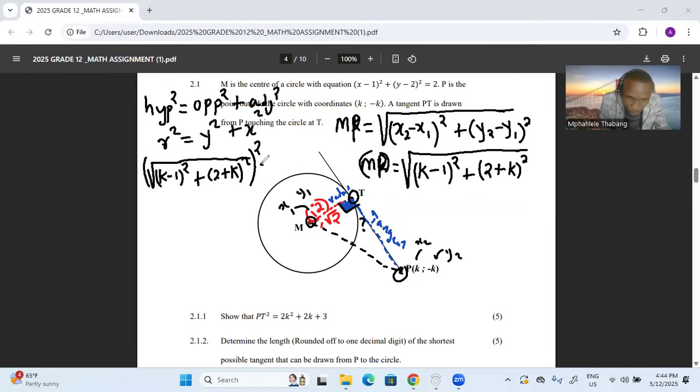And then equals, let me refer to my y as MT, which is the square root of 2. I have to square the square root of 2, plus, let my x be PT, so plus PT squared.